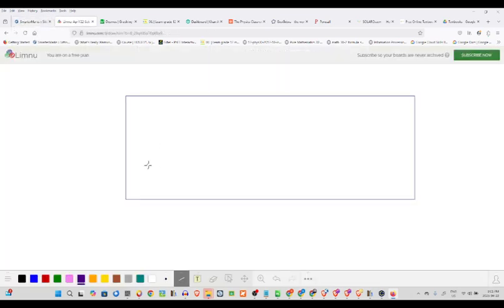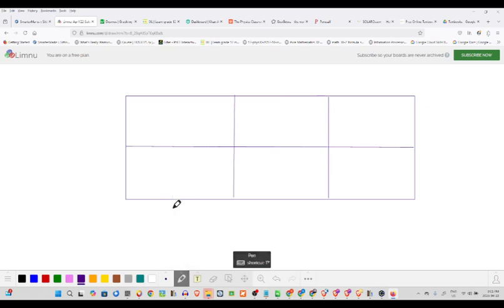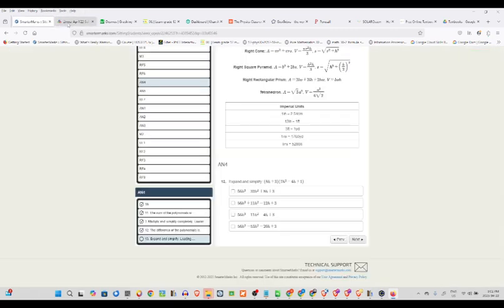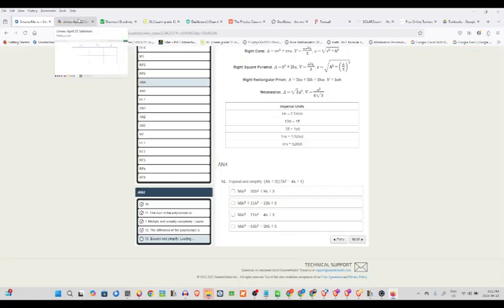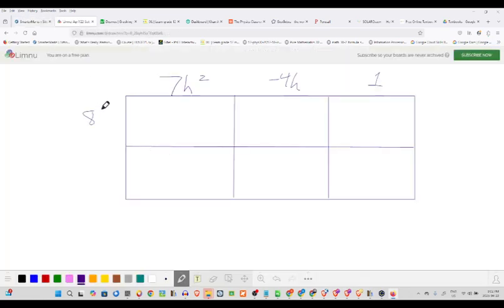So we have a quadratic times a binomial. So we have a 7h squared minus 4h plus 1. And then 8h and 3.